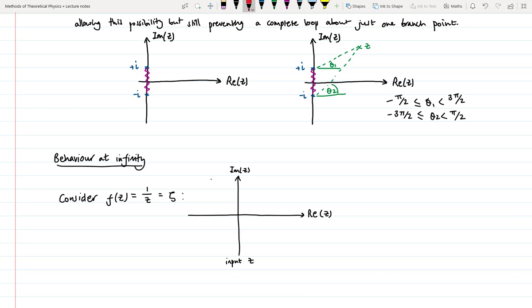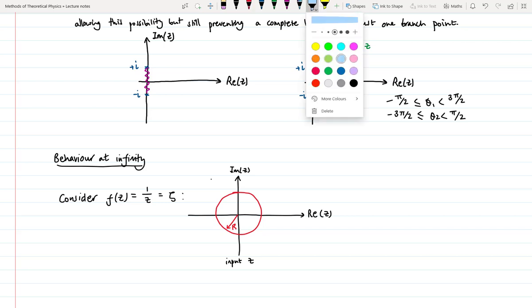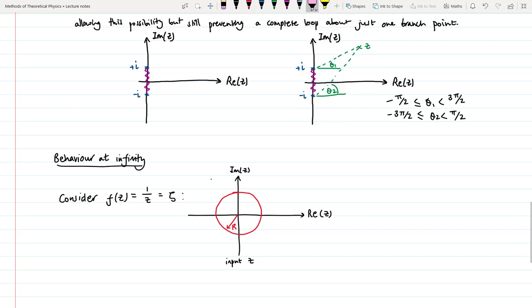Let's consider some circular region defined by a radius r. And we're considering points inside this region, which I'll shade in.